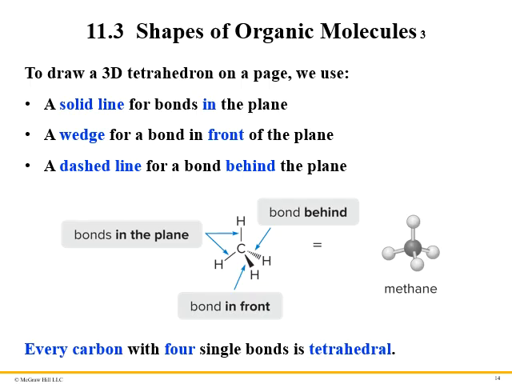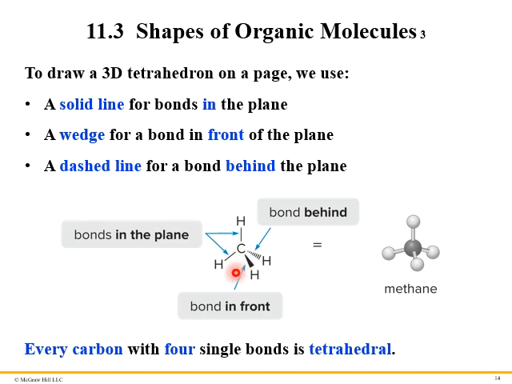If you're looking to draw a tetrahedron in 3 dimensions, the notation or the system that is used is this one right here. So you have your solid lines for bonds that are in the plane of the paper or the screen. If you're looking to draw a bond that is coming out of the screen towards you, then you do a solid wedge like this one right here.